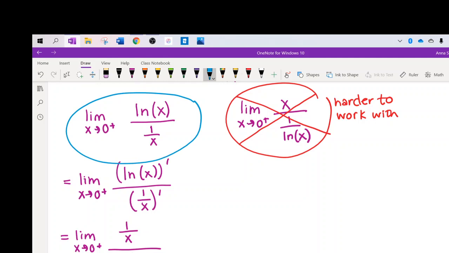The limit of the numerator would be negative infinity. And the limit as x approaches 0 of 1 over x, well, that's infinity. Just think about what the graph of 1 over x looks like, or what happens if you plug in numbers just above 0. If you do 1 divided by 0.001, you're going to get a big number. And so this is a type infinity over infinity.